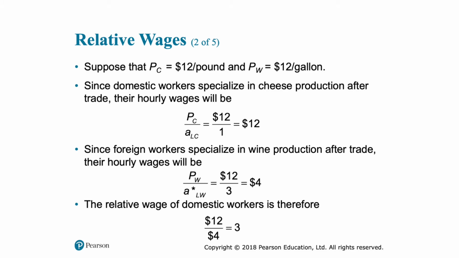Right? So what is this? That is the wage rate after trade in home. That is the wage rate after trade in foreign. We already calculated it. So the relative wage of domestic workers is 3 and of foreign workers a third.